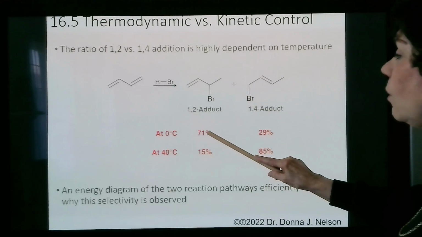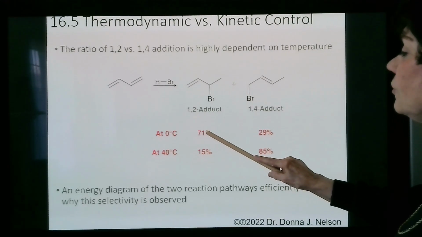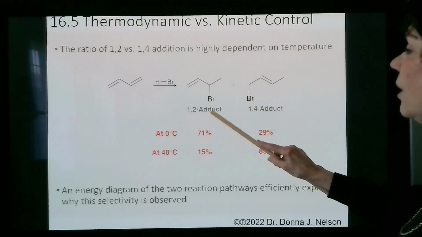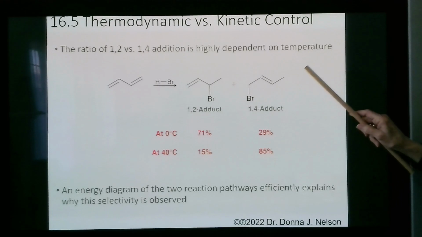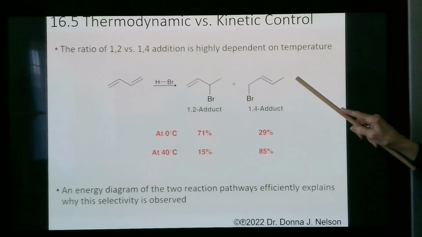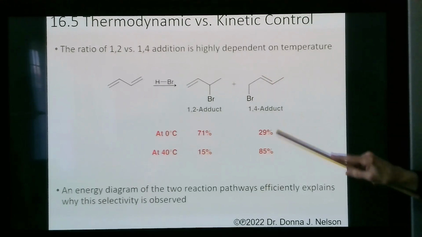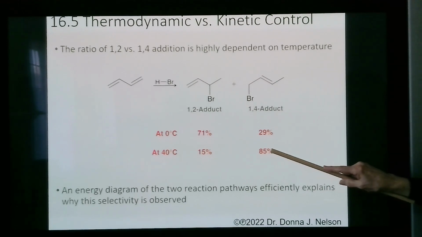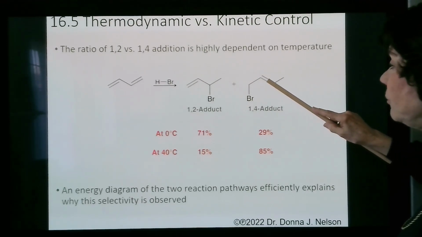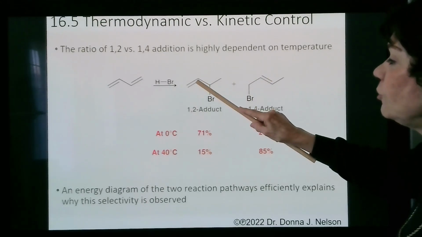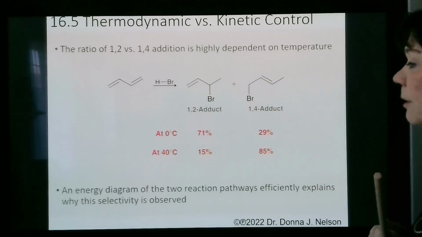So the 1,2 adduct is the predominant product at lower temperatures. The 1,4 adduct, which you can see is the more stable adduct, you get at higher temperatures. And this is more stable because it's a disubstituted double bond as opposed to a monosubstituted double bond.